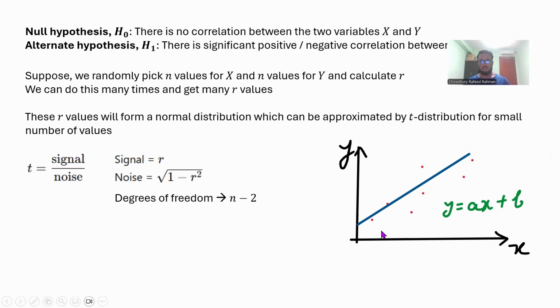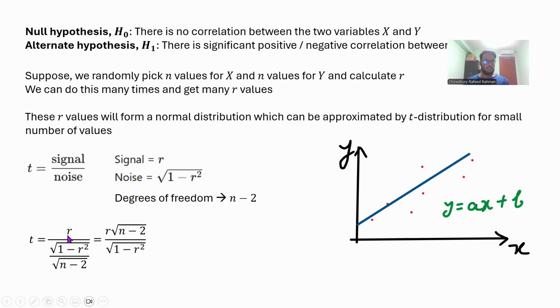In Pearson correlation we have these points, x and y are their values, and we are trying to fit a best fit line. In order to fit that line, we need to learn a and b, that means slope and intercept. Since we need to learn two things, we preserve those two for the degrees of freedom. That is why it is n minus 2.